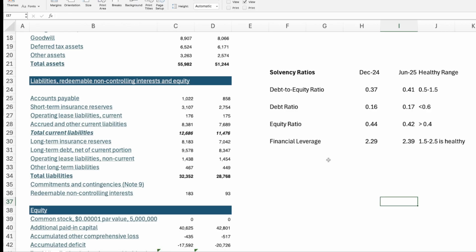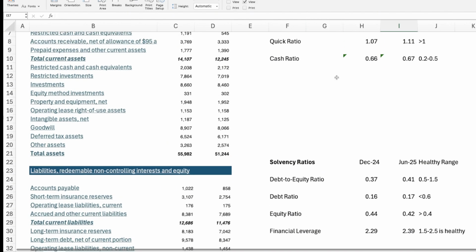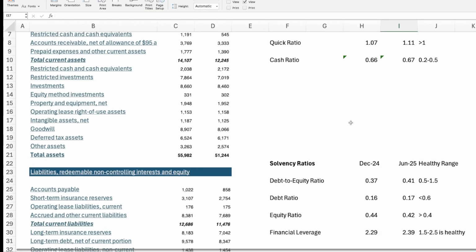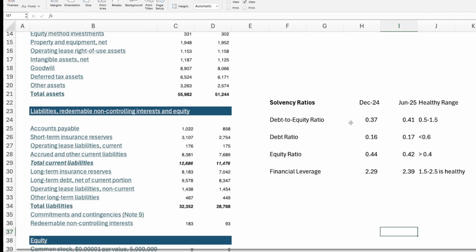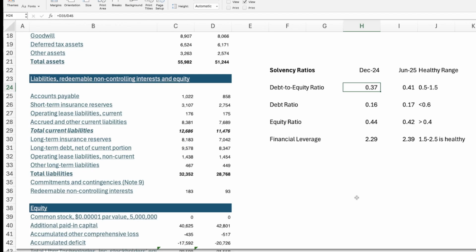We can see that at the moment Uber is by and large fairly healthy in terms of meeting its short-term obligations on its liquidity. You'd want to see the current ratio get a bit healthier, but the other two are fairly good, and it could maybe start using its cash a bit more efficiently. Then in terms of its debt to equity ratio, it doesn't really have that much debt, but over the next few years I probably imagine that to increase.